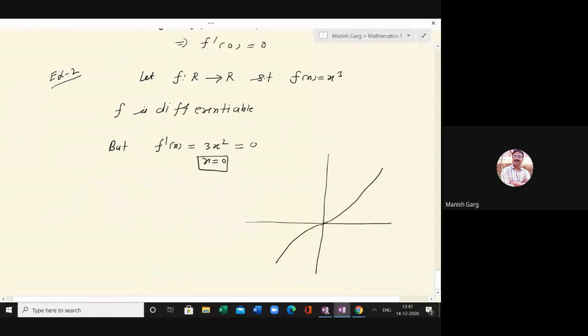So the converse of this is not true. It may be that the derivative of a function becomes 0 at some point. It may or may not be a local maxima, because this is a necessary condition, not a sufficient condition.